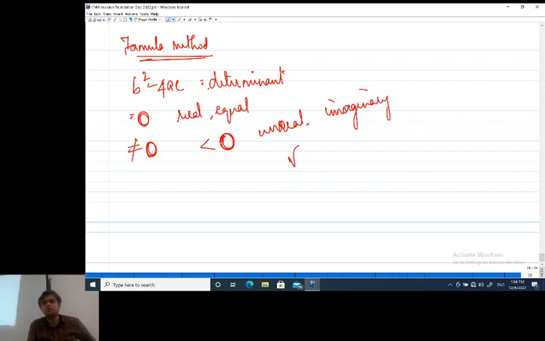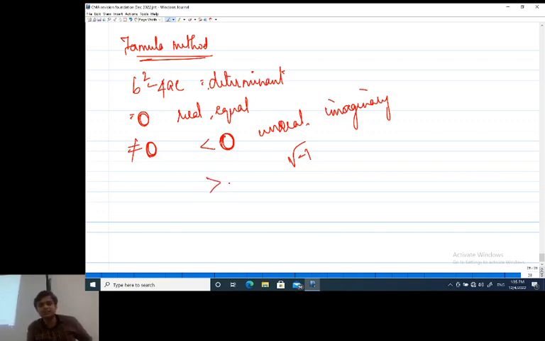For example, root of minus 1 doesn't exist. Root of 1 exists, but root of minus 1 doesn't exist. Cube root of minus 1 exists; it is minus 1. When the root is an even power, negative numbers will not exist. So they are called imaginary.